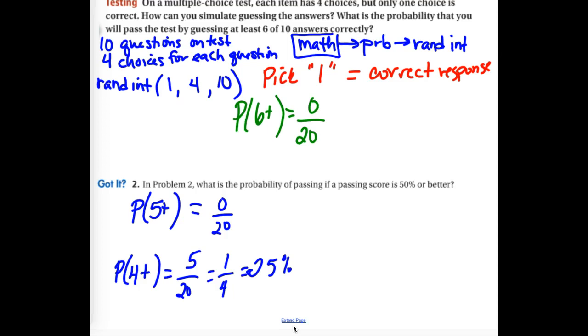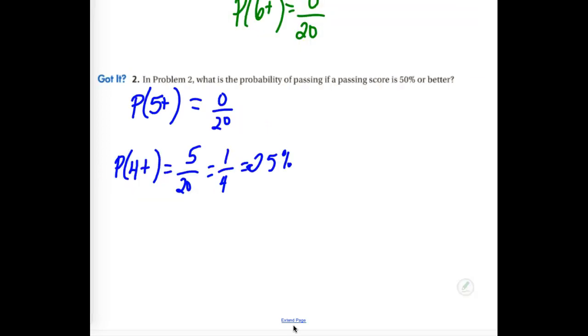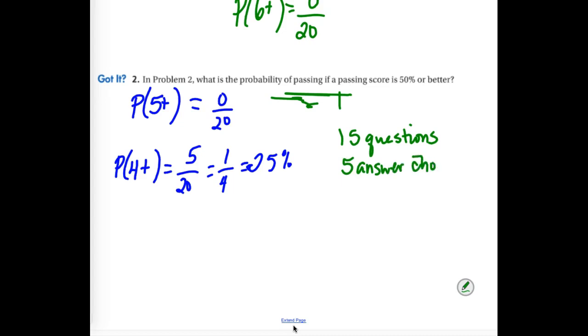Does that make sense? So, question for you. What if we had 15 questions on our test, and we had 5 answer choices possible? How would we set that up? We would do random integer, and then what?